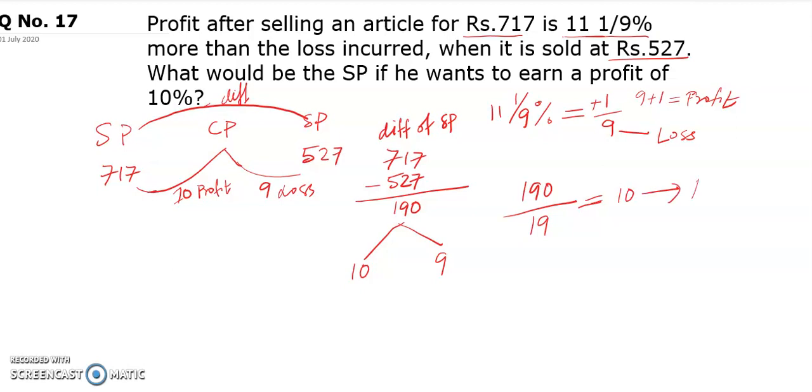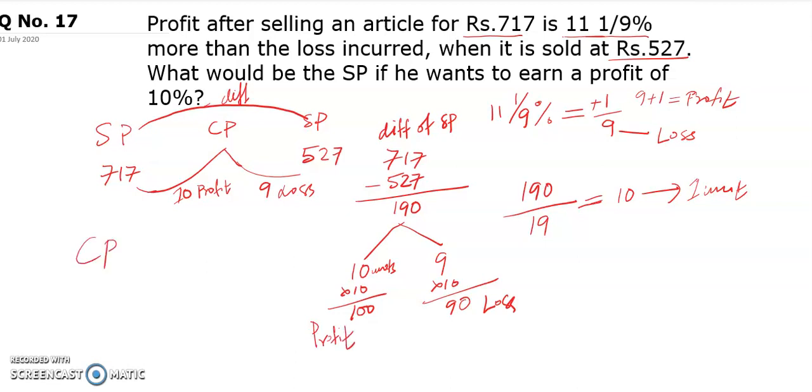19 tens are 190. So 1 unit represents how much? 10. So 10 units will represent 10 into 10, which is 100. 9 into 10 is 90. So our loss is 90 and our profit is 100.